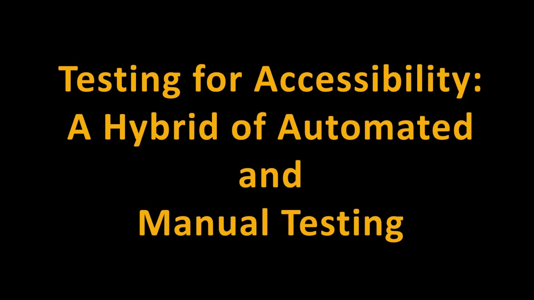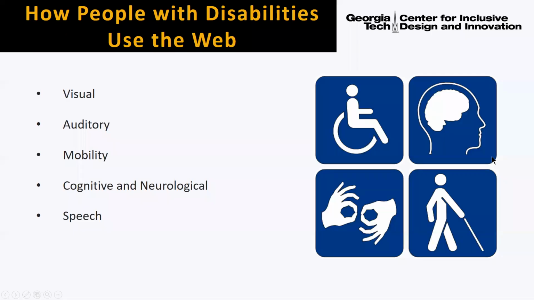We at CIDI use at least half a dozen different automated testing tools, but then we go in with an actual screen reader and manual testing and make sure that it is accessible to the largest target audience possible.